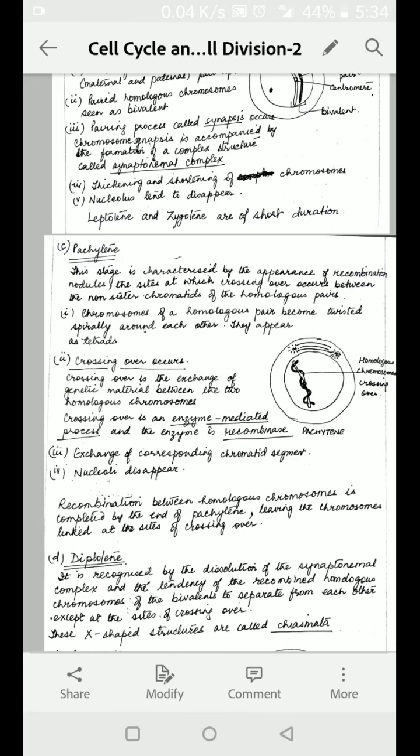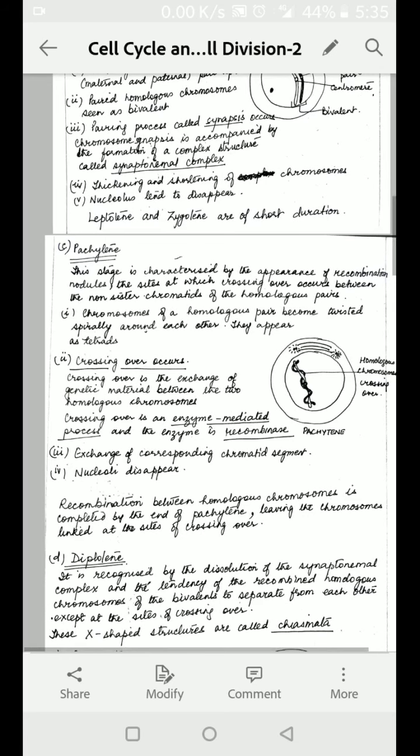Now pachytene is characterized by the appearance of recombination nodules, which are the sites where crossing over occurs between the non-sister chromatids of a homologous pair. I hope you follow the term non-sister.